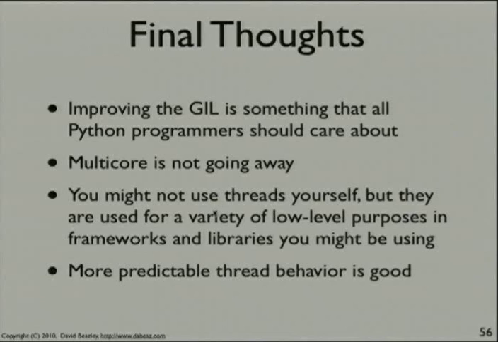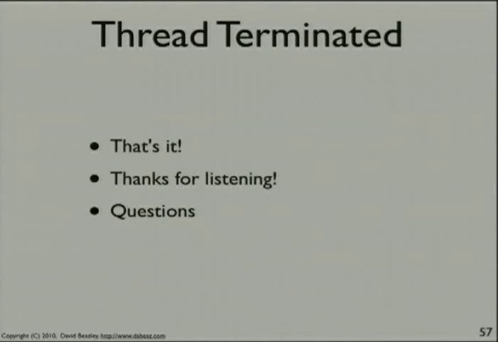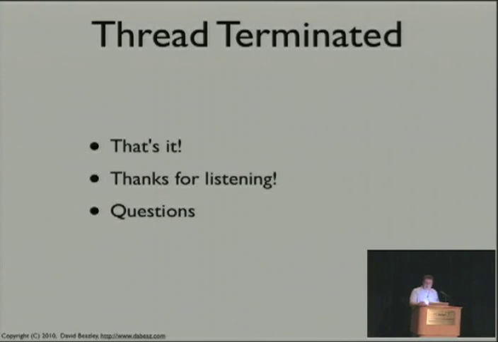Maybe you're not using threads yourself, but maybe you're using some package that is, perhaps to overlap I/O with computing, or to do some kind of deferred operation. I think having good, predictable thread behavior would be a really nice thing to have, even if Python does not eliminate the GIL. So that's basically the end of the talk.